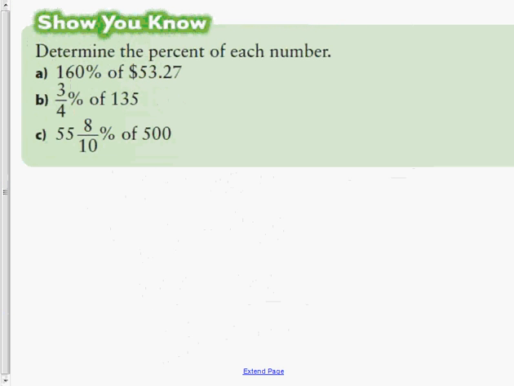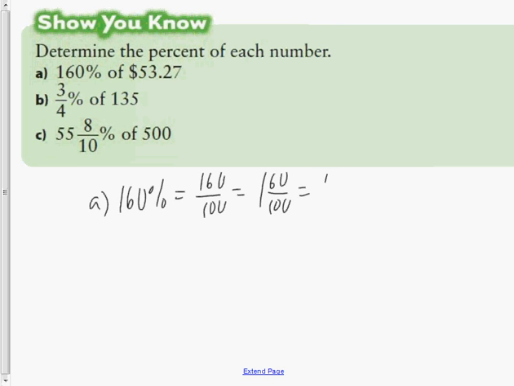For the second Show You Know, this time you're given the percentage, and you're asked to find the percent of each number. In this case, the first one, you don't have to use mental math. So 160% is 160 out of 100, which is 1 and 60 hundredths, or 1.60 as a decimal. Of means multiplication.